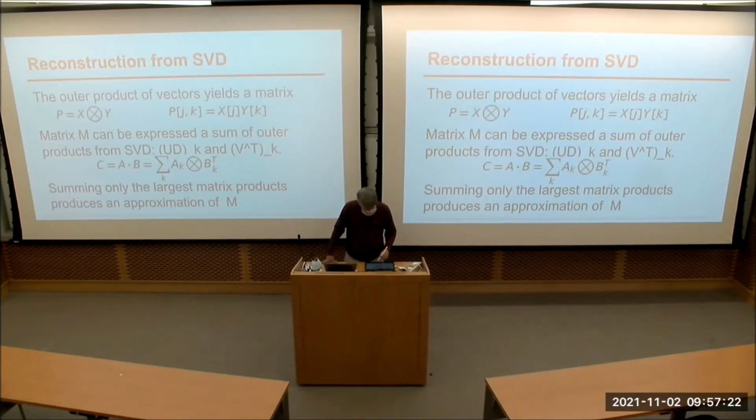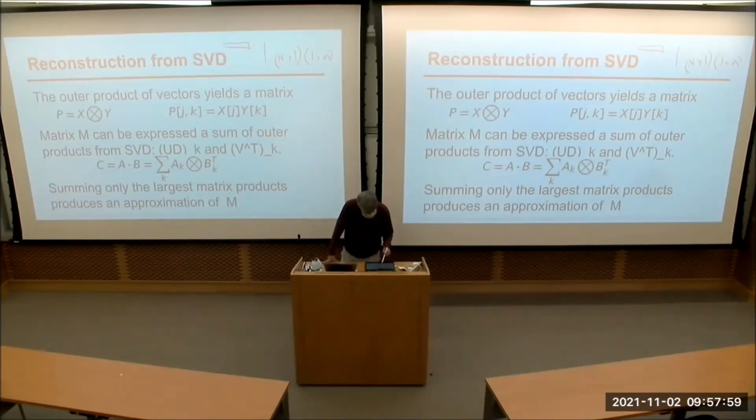When we multiply matrices, we're taking the dot product of rows in one by columns in the other. If you multiply an N by 1 matrix by a 1 by M matrix, you will again get an N by M matrix.